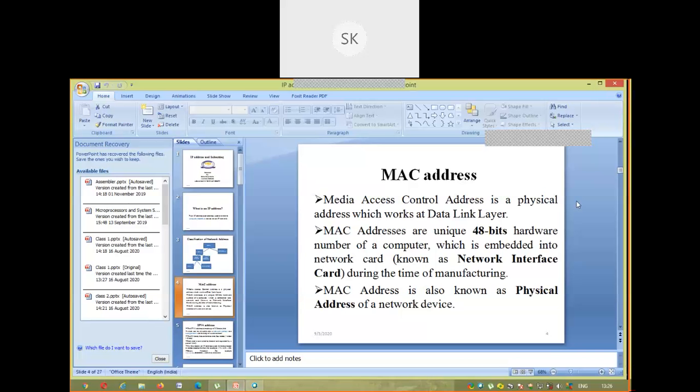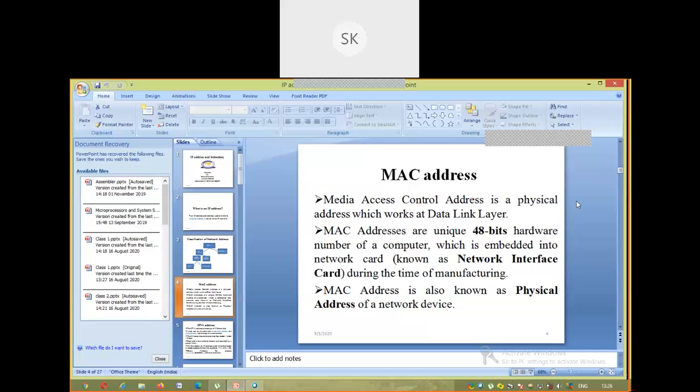There are four types of number systems: decimal, hexadecimal, octal, and binary. The MAC address is represented in hexadecimal. Sometimes the MAC address is also known as the physical address. Is it clear?